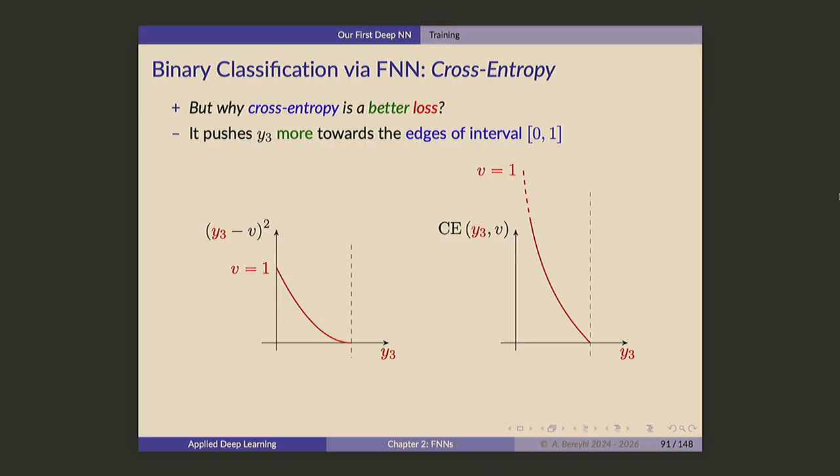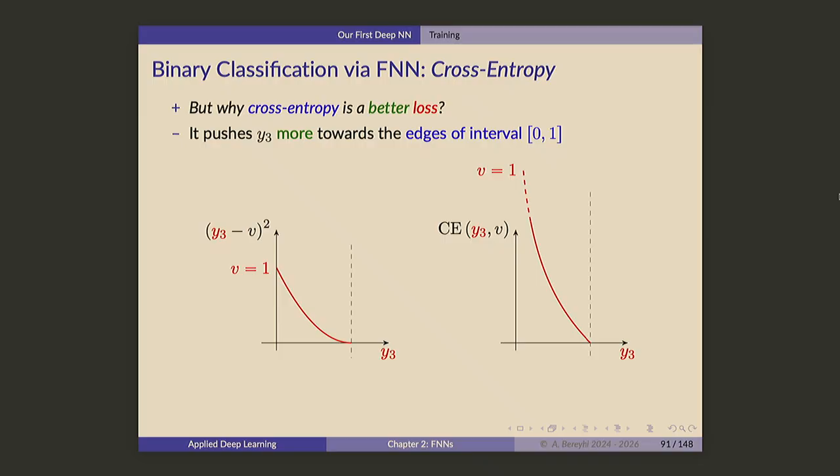But if you draw this for cross-entropy, let's see what's going to happen. If I set y3 equal to 1, then as we saw, this is going to be 0. Everybody's cool? Now, the key point is, if I send y3 to 0, what's going to happen? It's going to be a log of 1 over roughly 0. This is a huge number, and it goes to infinity.